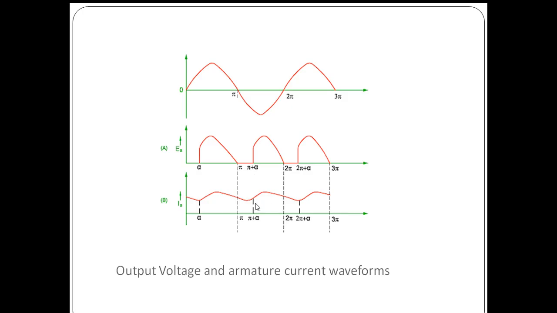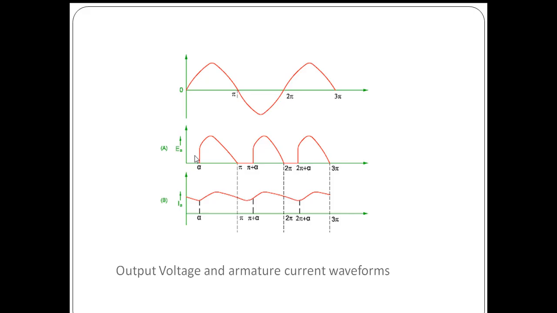And from pi plus alpha, when the thyristor T2 and diode D2 conduct, current will flow like this, and the process will repeat. So this is the output voltage across the DC motor, and this is the current which is flowing through the DC motor.